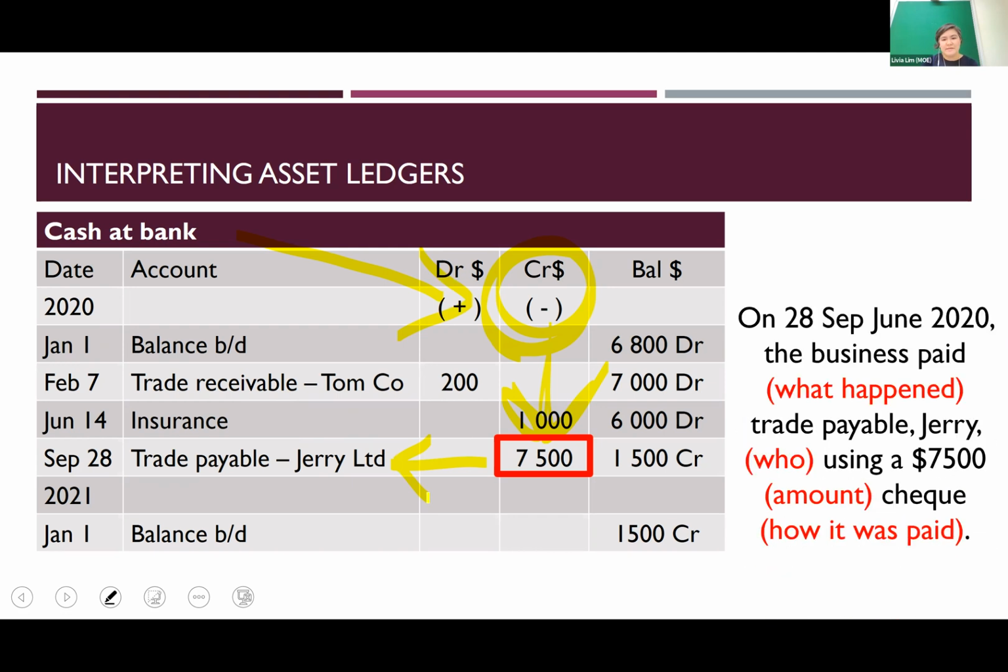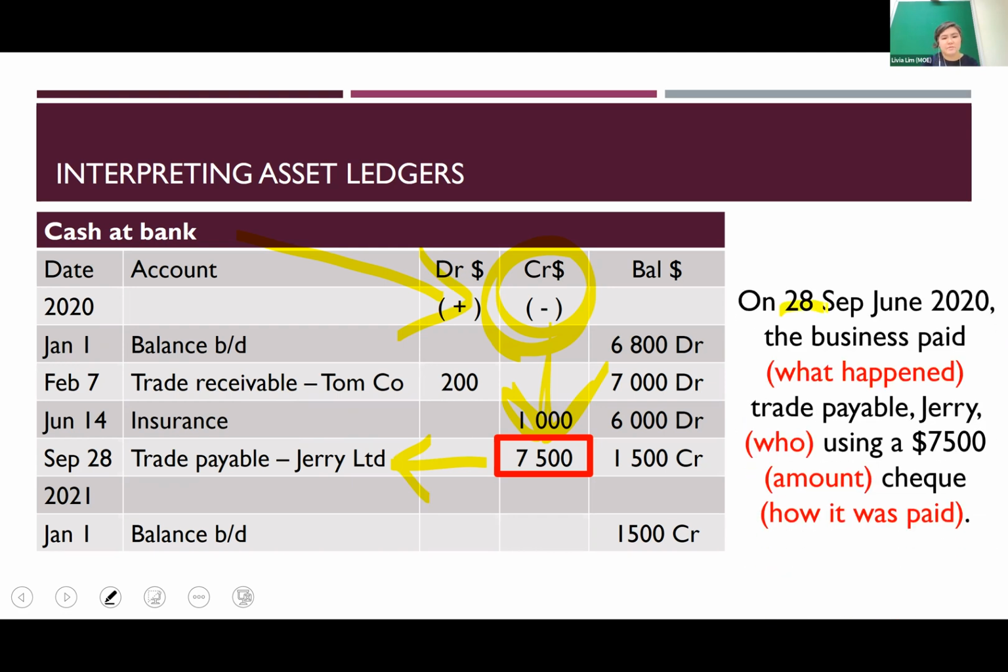On 28th of September 2020, that is when, the business paid trade payable Jerry, which is who, using a $7,500 check, which is the amount and how it was paid. So remember: when, what happened, who, amount, and how it was paid.